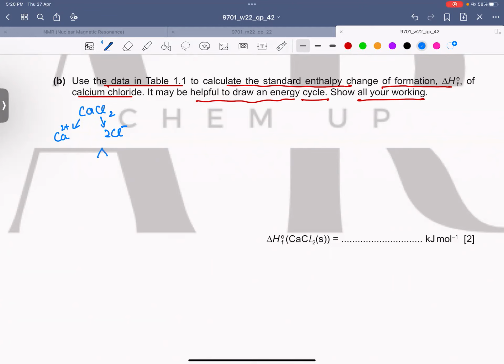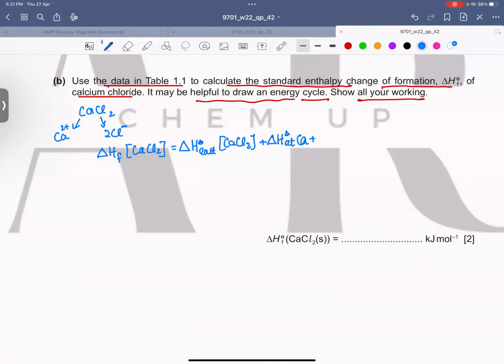If I write the expression for the enthalpy change of formation of calcium chloride, it is equal to the lattice energy of calcium chloride, then the atomization of calcium.